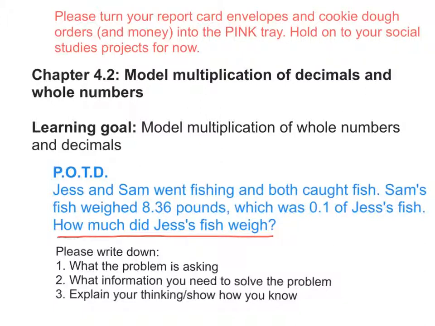Sam's fish weighed 8 3/36 pounds, and Sam's fish was 1/10 of Jess's fish. Okay.